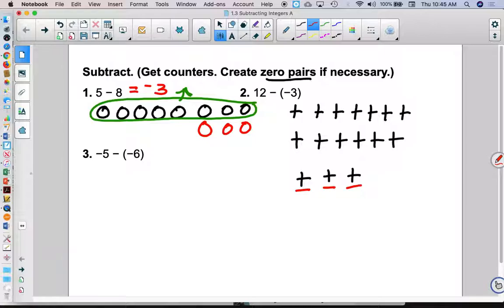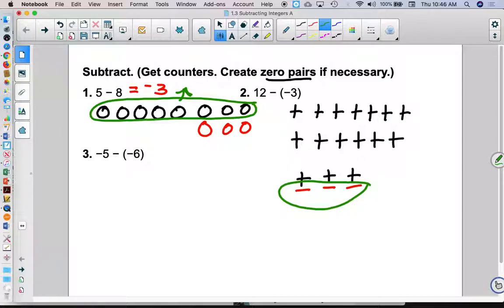What's it say to take away? 3 take away what? Justin, I can't hear you, bud. Say it. What does this say? -3. So I'm going to take away -3. I'm going to circle up those 3 negatives on my paper.